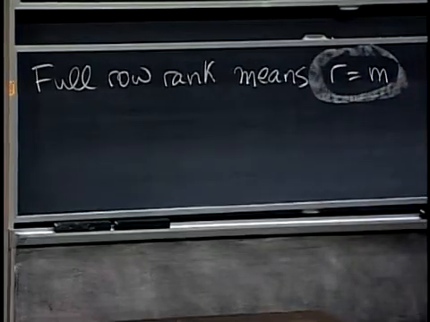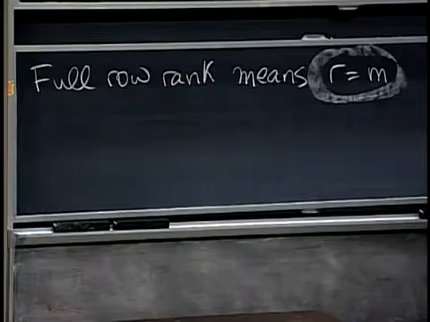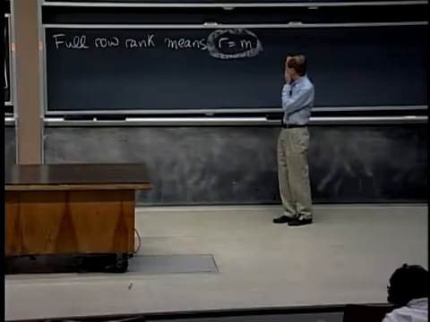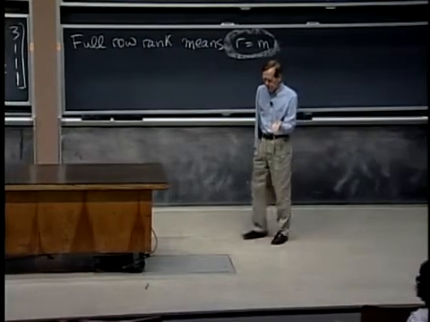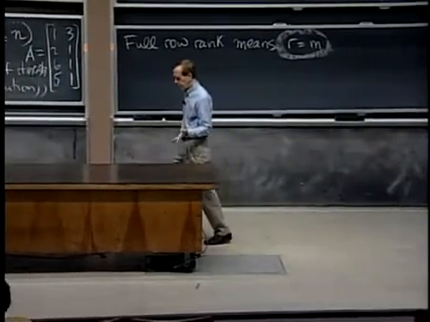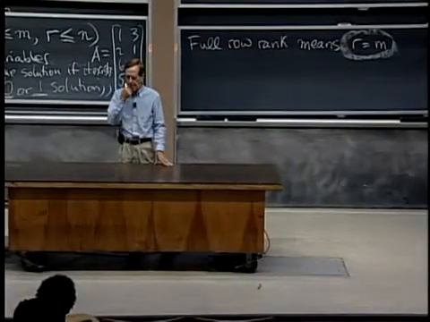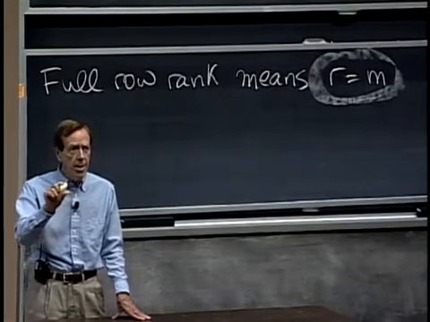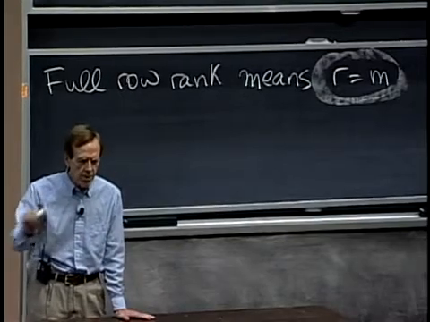R equal M. Okay, what's up with that? How many pivots? M. So what happens when we do elimination in that case? I'm going to get M pivots. So every row has a pivot, right? Every row has a pivot.